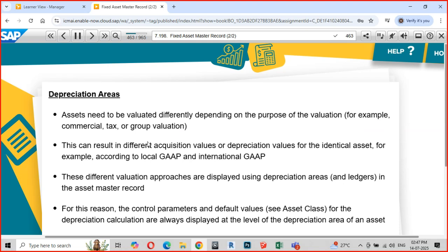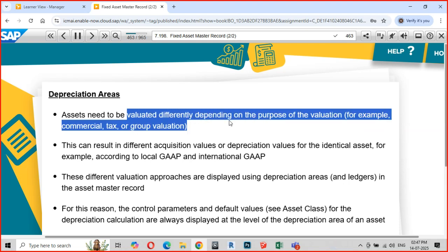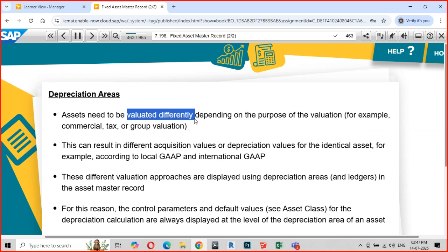The need for understanding the organizational requirements as to why you want the depreciation information is called depreciation areas.